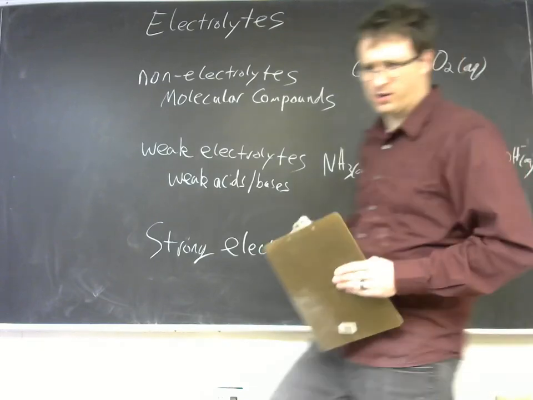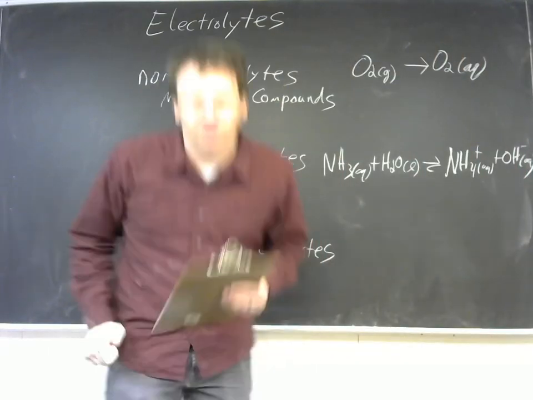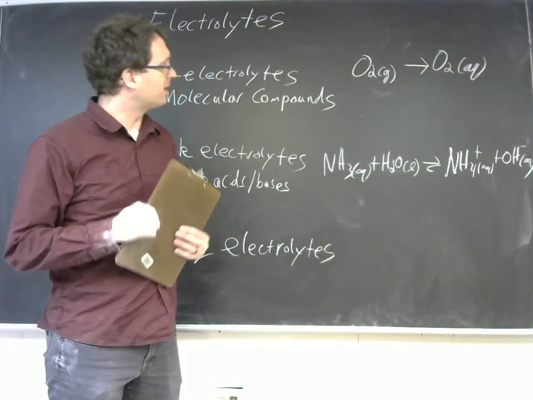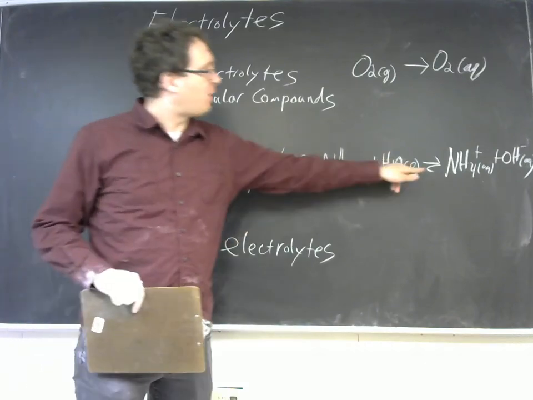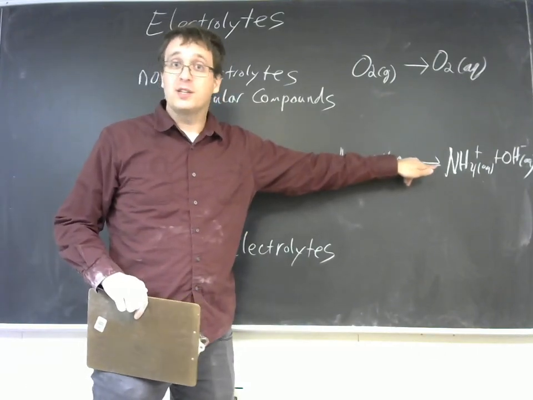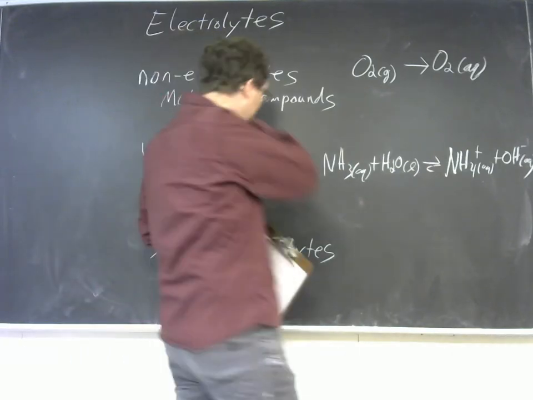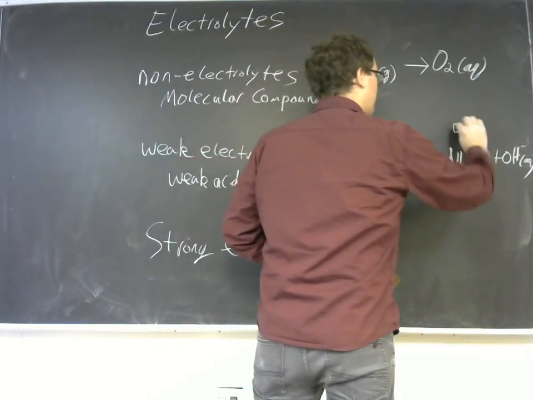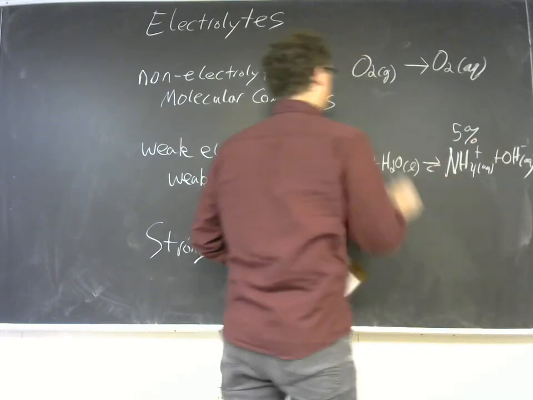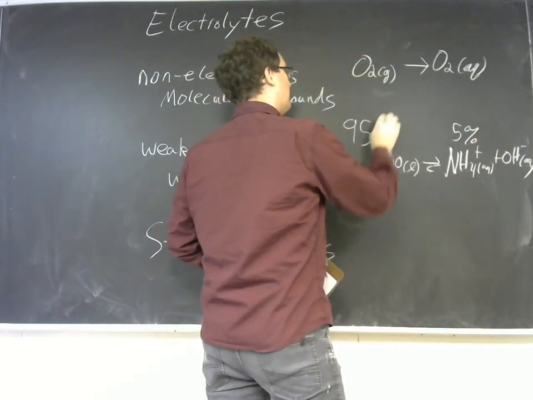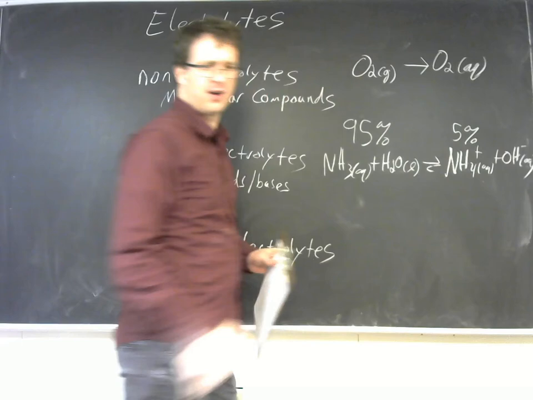Okay, so it is going to produce ions, but ammonia is a weak base. We have an equilibrium arrow here, and you may recall that it's maybe only about 5% over here and 95% over there.